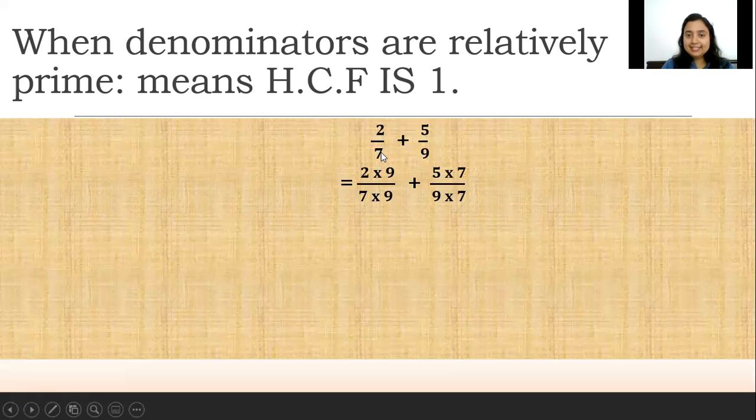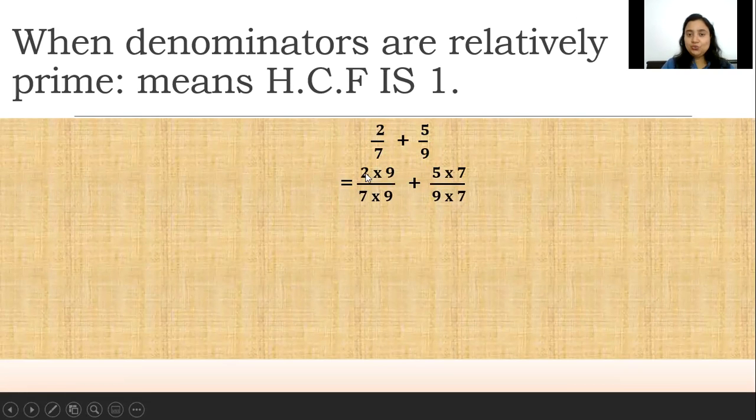Look at this. 7 and 9. 7 is a prime number. 9 is an odd number. If you find the factors of these, you'll find that they don't have anything in common. Right? So in this case, what you can simply do is multiply this fraction by 9, the other denominator. And in the other fraction, multiply by 7. Denominator and numerator both.